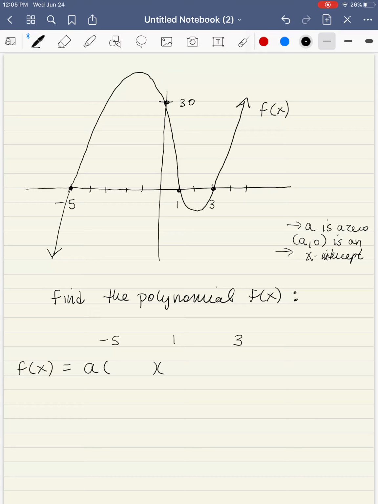So if I want to write my polynomial, f of x, I may have some constant, a, multiplied through times each of my factors. You go ahead and write your factors. x plus 5, x minus 1, x minus 3.